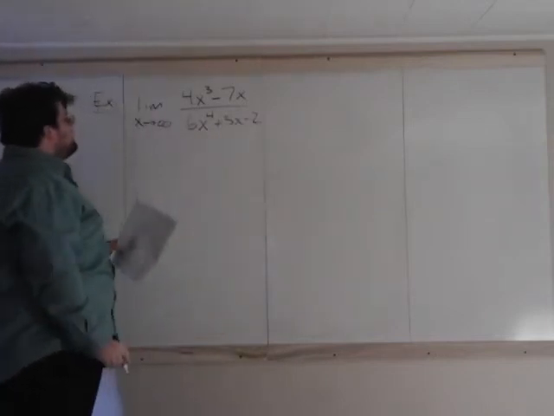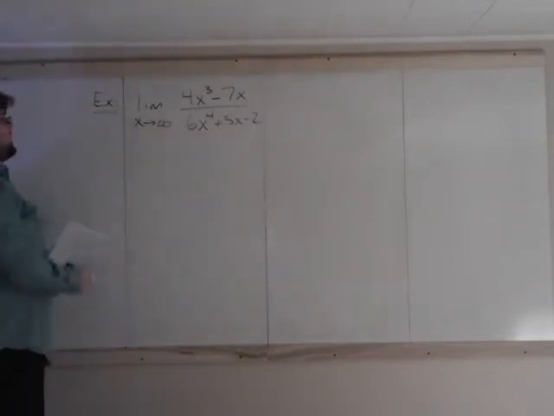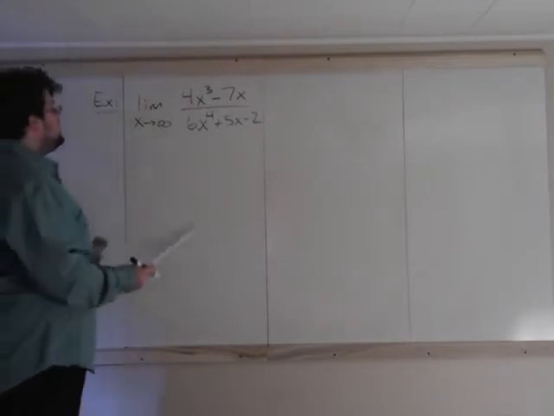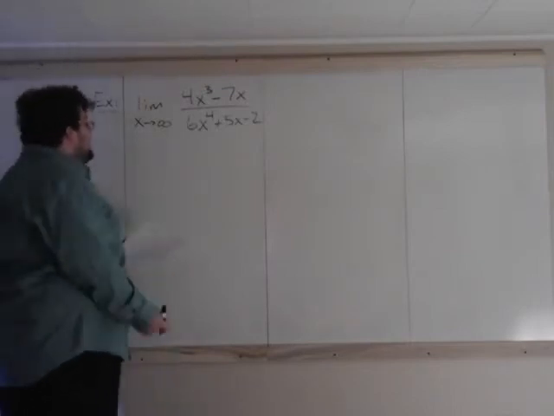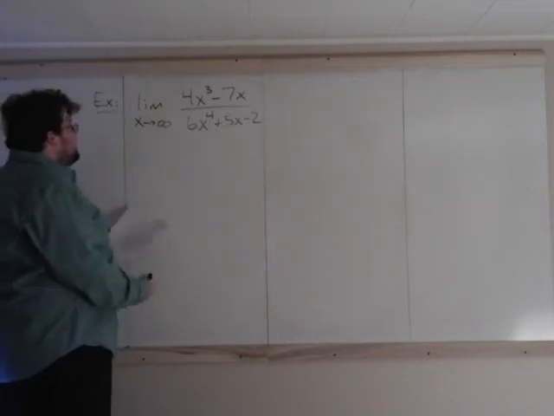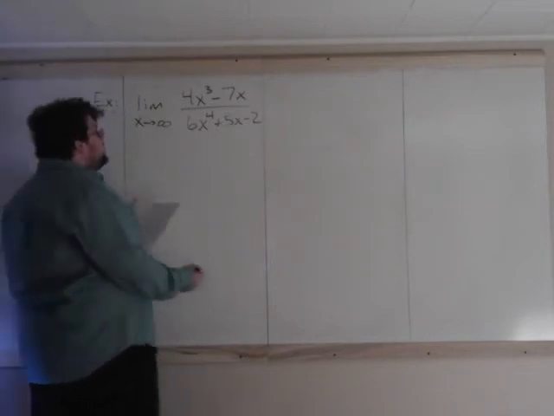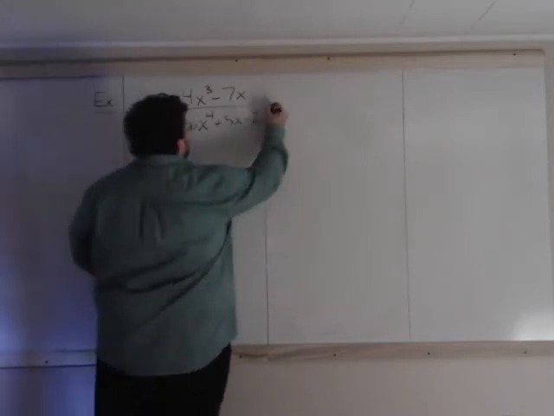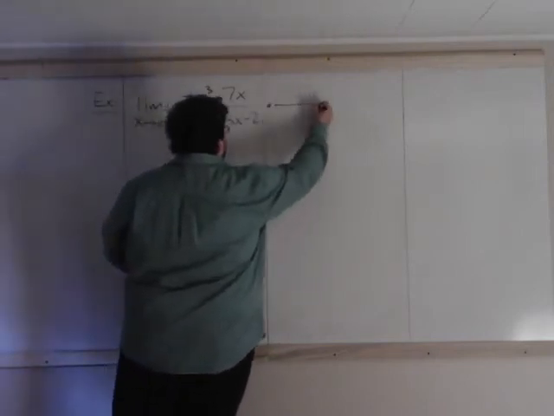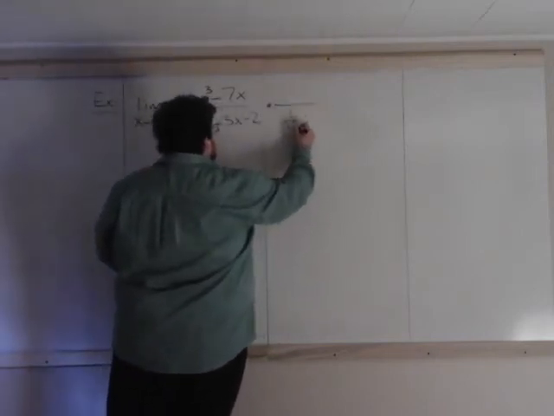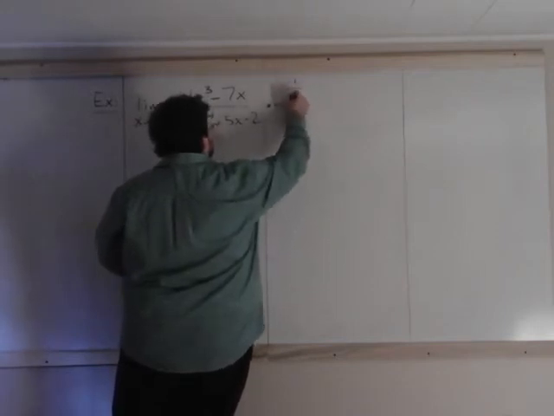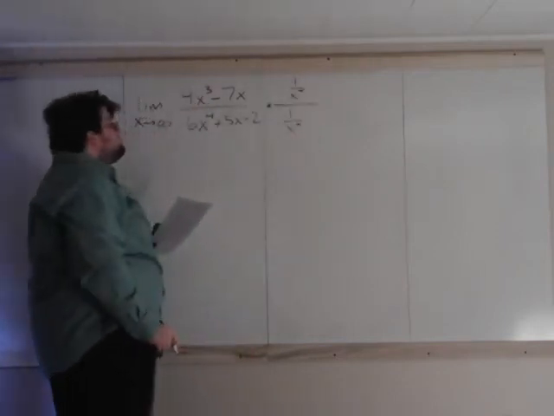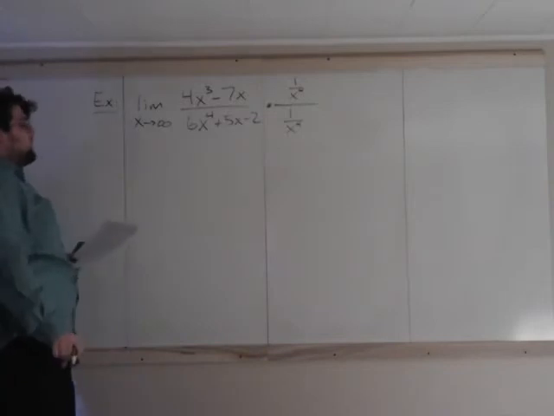Limit as x goes to infinity, 4x cubed minus 7x over 6x to the fourth plus 5x minus 2. Well, we still have a limit as x goes to infinity of a rational function. So we're going to look at the denominator and find the largest exponent. The largest exponent is 4. So we'll divide everything by x to the fourth, or we'll multiply everything by 1 over x to the fourth.